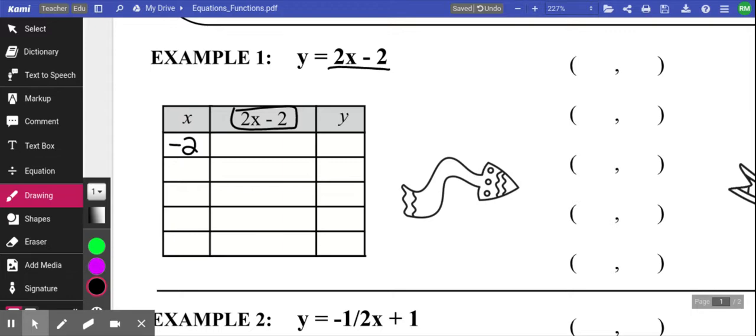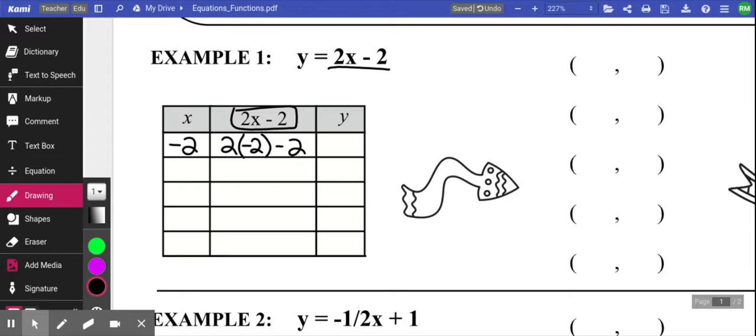Here is our function. So we're going to look at it. It has a 2 and an x, so this is going to be 2. And instead of x, what did we say x equals? -2. So instead of x, we're going to plug in -2 here, minus 2. So 2 times -2 minus 2.